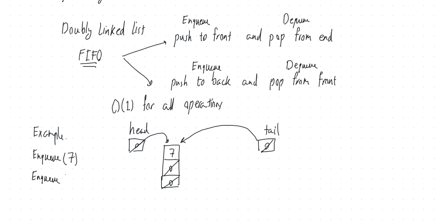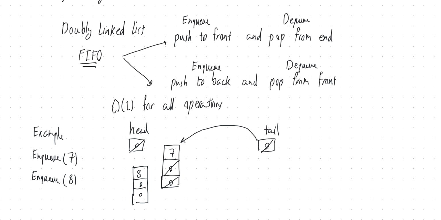say 8. Okay, and then what it means is that a new node will be added again to the front, because NQ means push to the front, with 8 and 2 pointers for next and previous. Now, since you are pushing this to the front, it means that this will be the new first node, right? Which means that I need to change a couple of pointers here. First of all, head should not point to this node anymore.